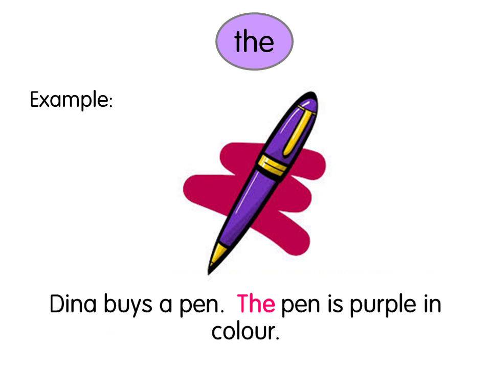Our next example is, Dina buys a pen. The pen is purple in color. Why do I use the here? Because it refers to the pen that Dina buys. It doesn't refer to any pens in the world. So it is specific to the pen that Dina buys.